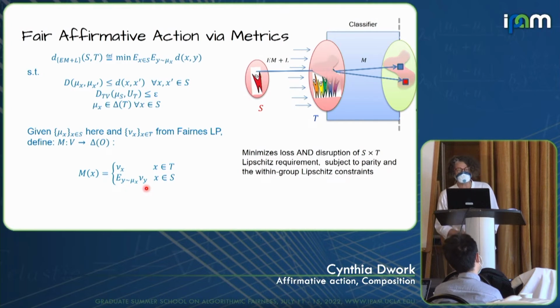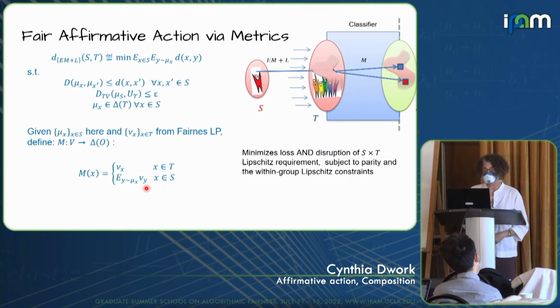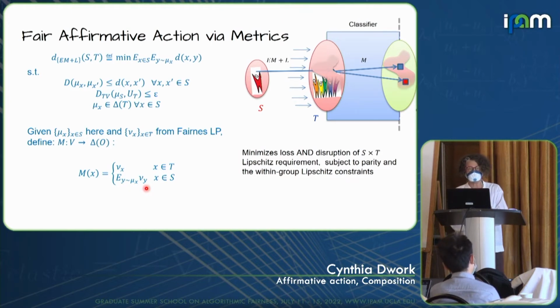So let's talk about it a little bit more. I think that it minimizes loss. And because of the fairness LP, it's minimizing some kind of loss. It's also trying to minimize the disruptions of the S cross T Lipschitz requirements.